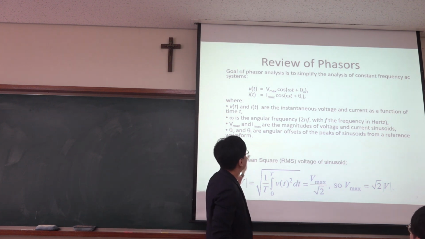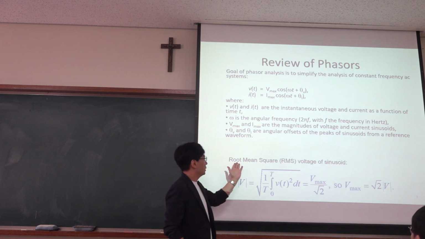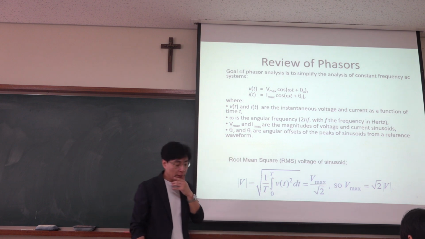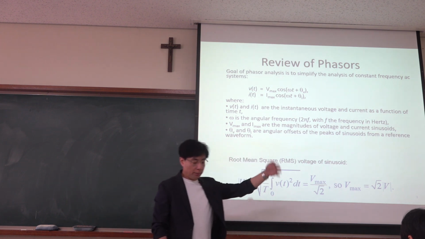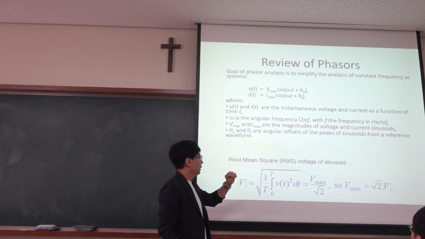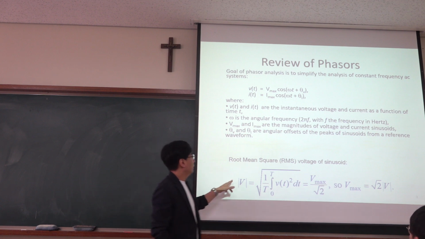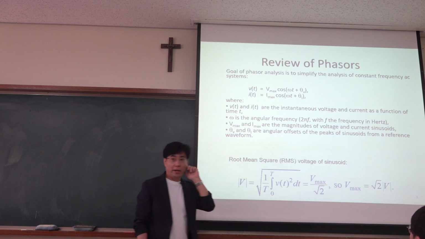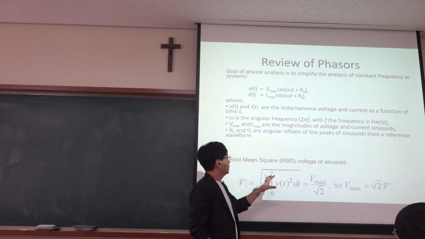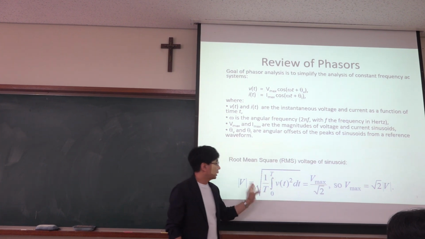And then, yeah, you may have heard of this terminology, root mean square, RMS voltage of the sinusoidal voltage. Because it oscillates over time, we want to quantify a number that specifies the magnitude of this sinusoidal waveform. And the definition of root mean square is actually the average, but this average is taken over the squared voltage, and then the square root of that.